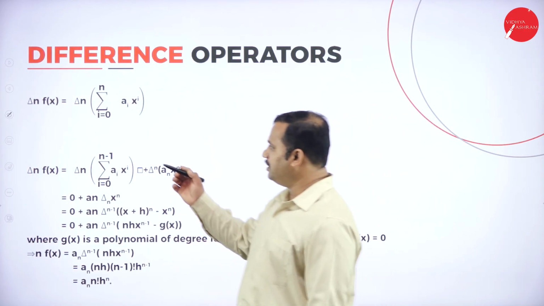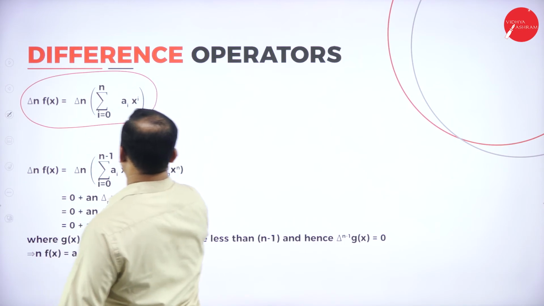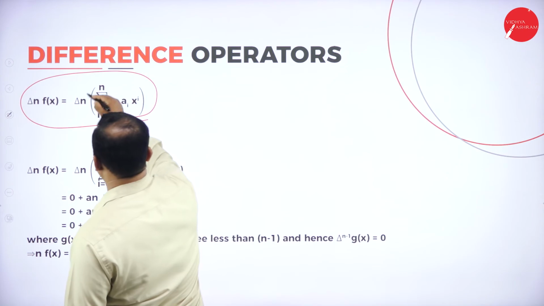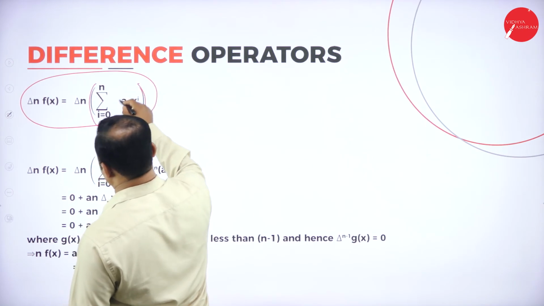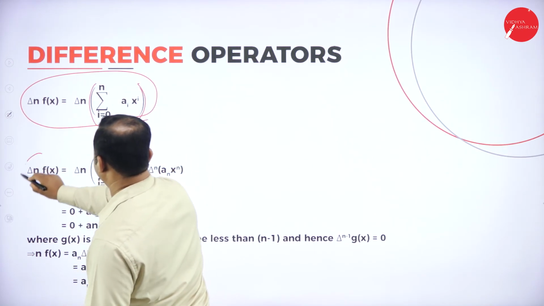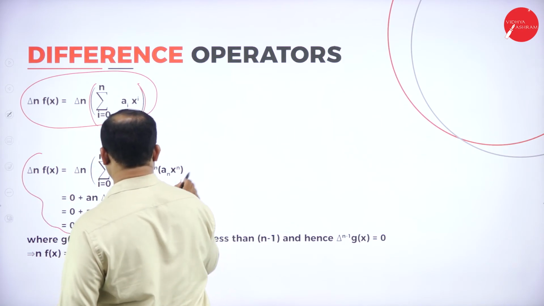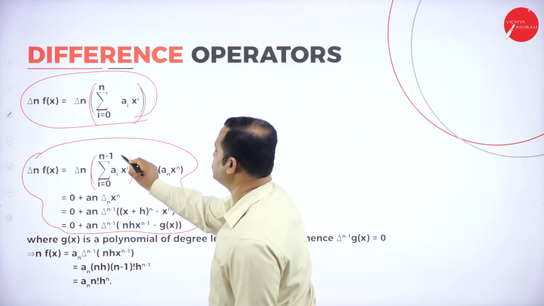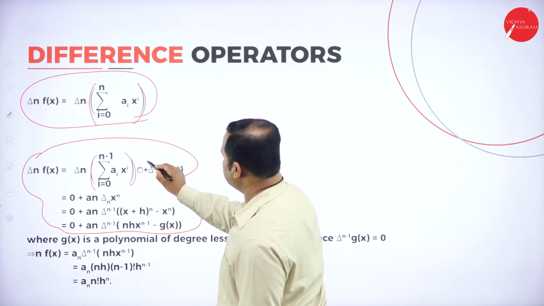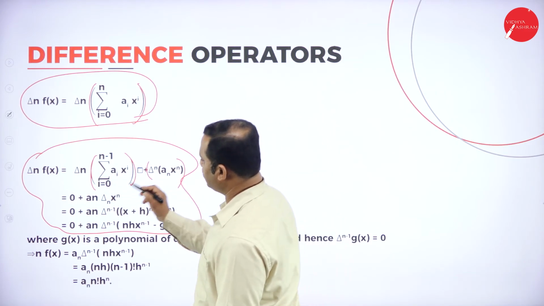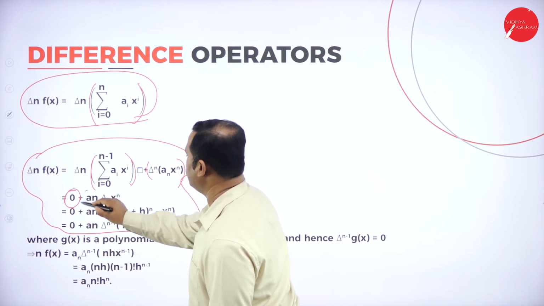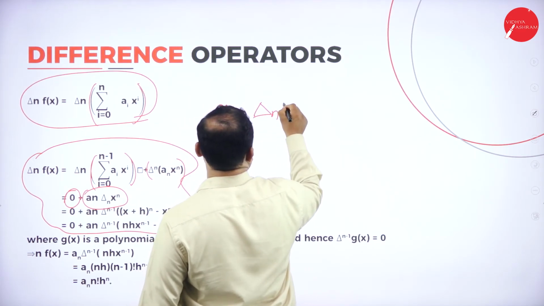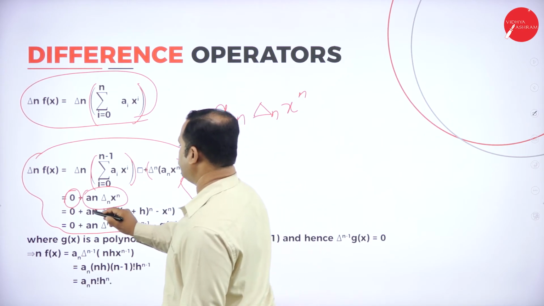My dear students, let me take you to this further discussion. Delta n f of x is equal to delta n, where f of x equals the summation of a_i x^i. This is further derived as this term. Delta n f of x equal to delta n. What is this? This is the next term minus the present term. If I further simplify this, that leads to 0 for the lower terms, and a_n delta n x^n is the formula value I am getting.